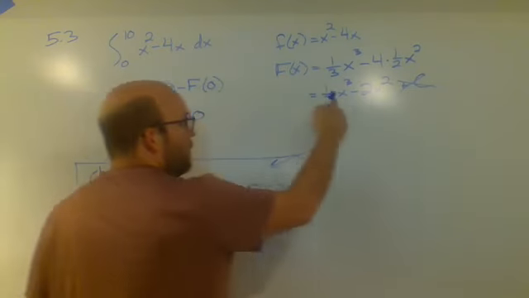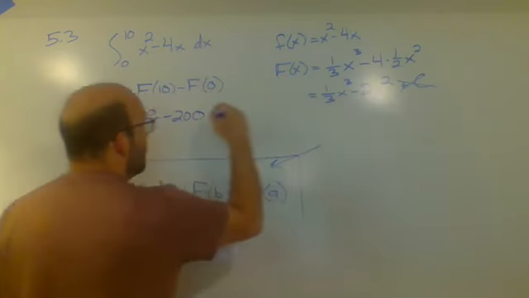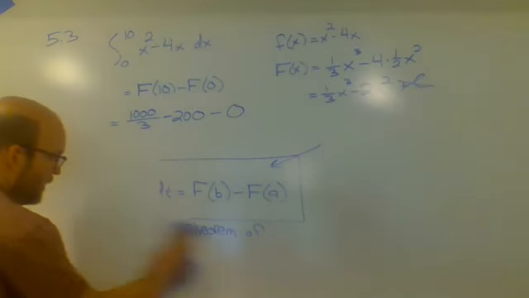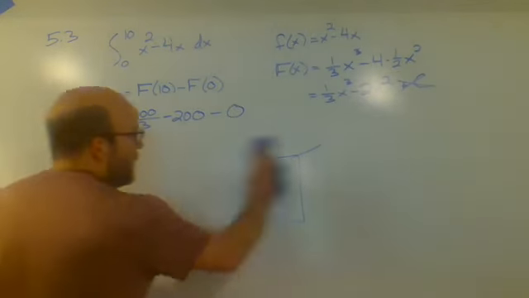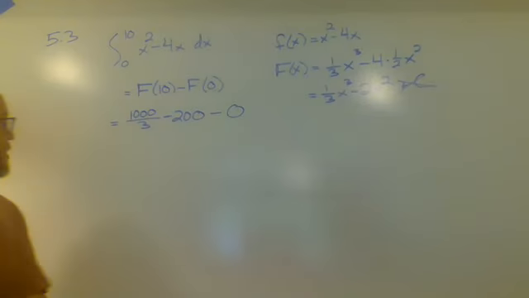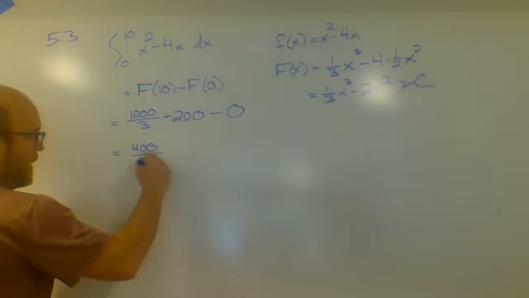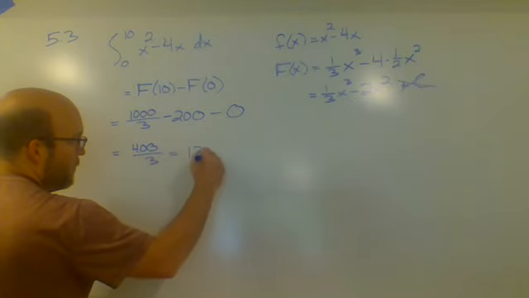If I put in a 0, those both turn into a 0, so we're really just subtracting 0 there. And then finally, you just do it. 1,000 thirds minus 200, if you wanted to leave it in fraction form, is going to be 400 thirds. If you want to divide it out, you're going to get 133.3 repeating.